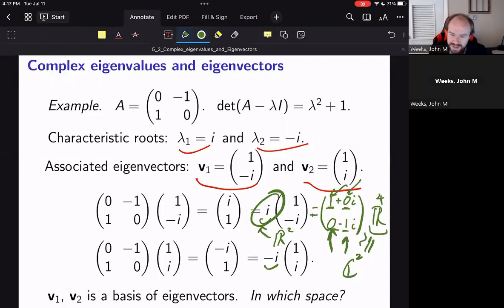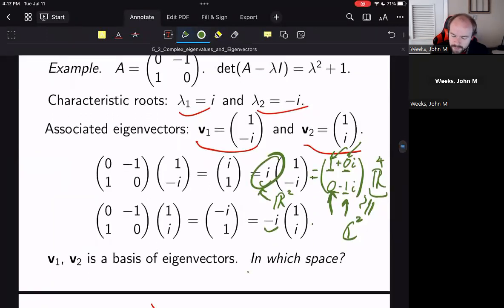So V1 and V2 is a basis of eigenvectors, but over the complex numbers, over C. It is not over the real numbers. In fact, you would see here, we don't have enough for the real numbers. We'd be looking at R4 if we had this as a vector space over the real numbers. So we would need 4 eigenvectors to make that work. Well, we only have 2.